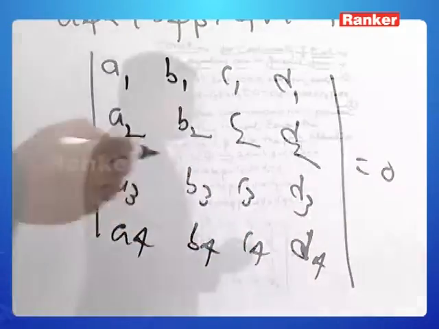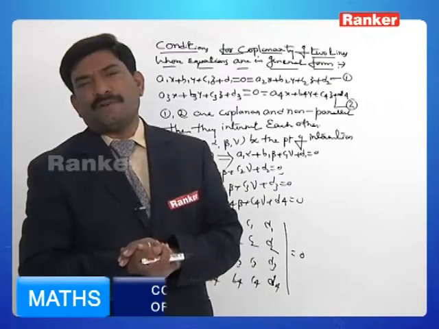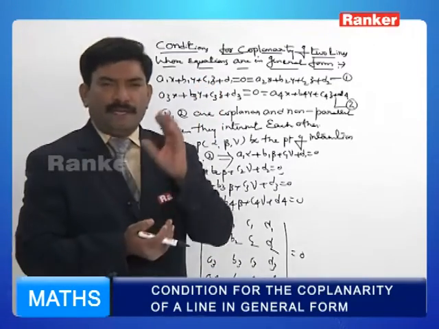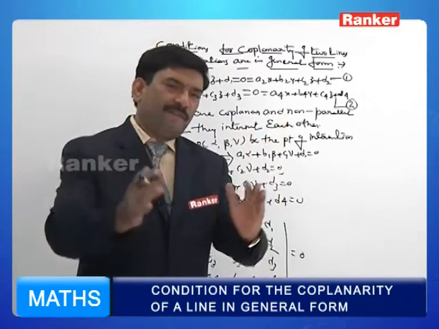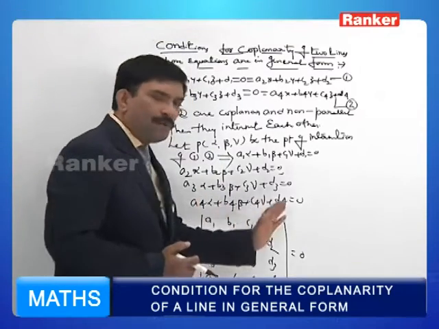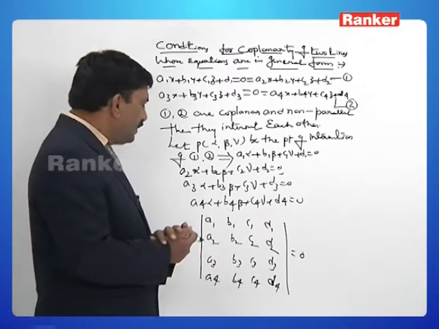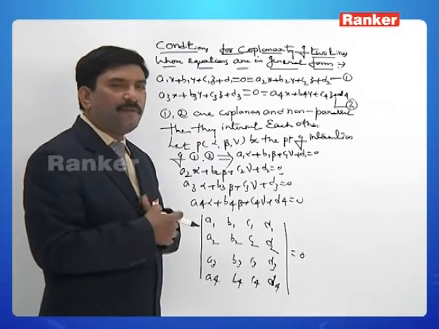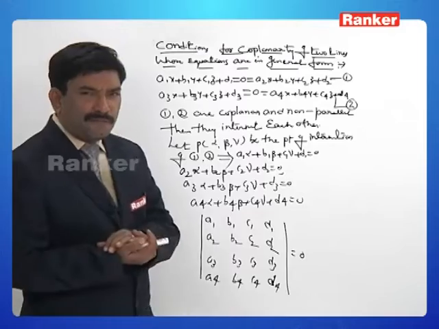This is how you can find the condition for two lines to be coplanar, in particular when the given lines are in general form. So this is the condition. If we show that the 4 by 4 determinant is equal to 0, then the given lines are coplanar and non-parallel. This is the condition for coplanarity.